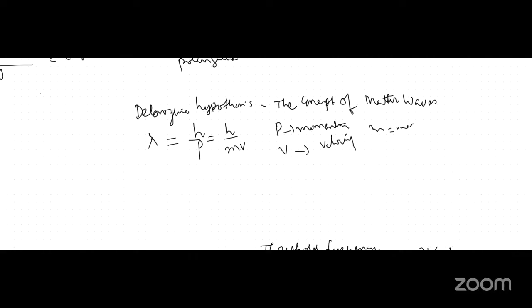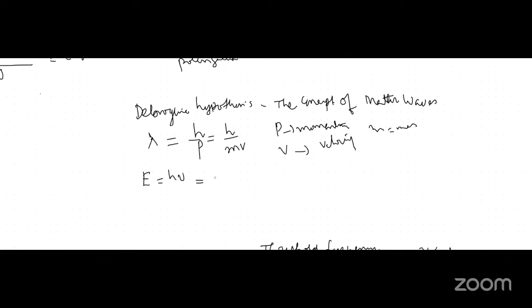We can derive this using the following. For a photon, we know that the energy is E equals h nu. If you write this in terms of p, we get E equals pc.